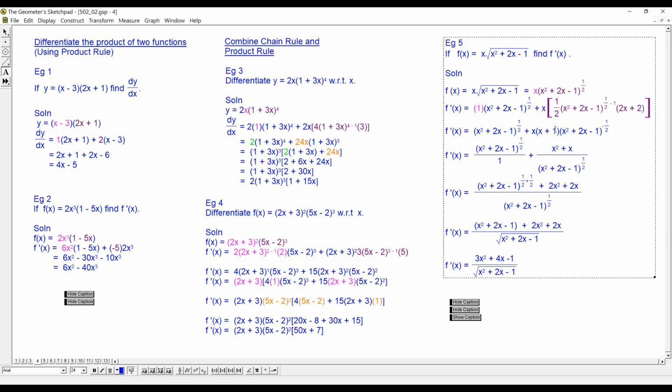Then this part will go to the top because the index is positive. This part, the index is negative, that's why it goes to the bottom. So far, okay or not? Can follow or not?